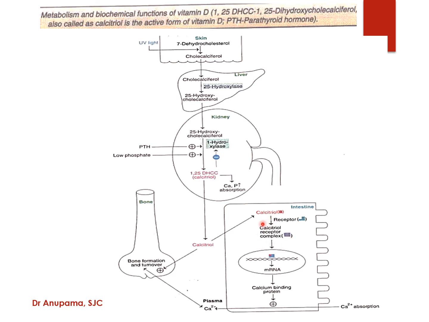So the calcitriol receptor complex is formed, which induces expression of calcium binding protein by the intestinal cells. Thereby calcium absorption takes place, which is required for bone formation. This is how calcitriol, the vitamin D3, contributes to bone formation.